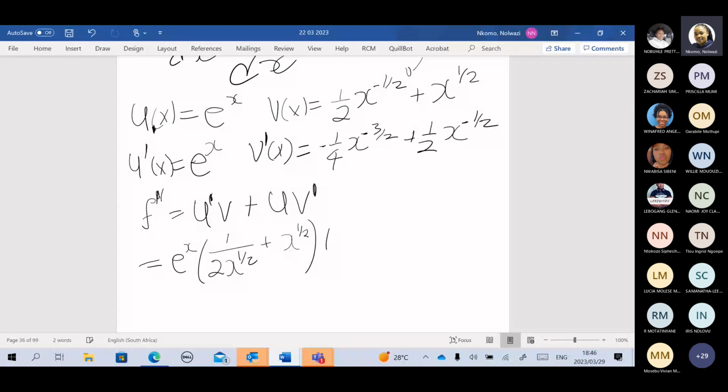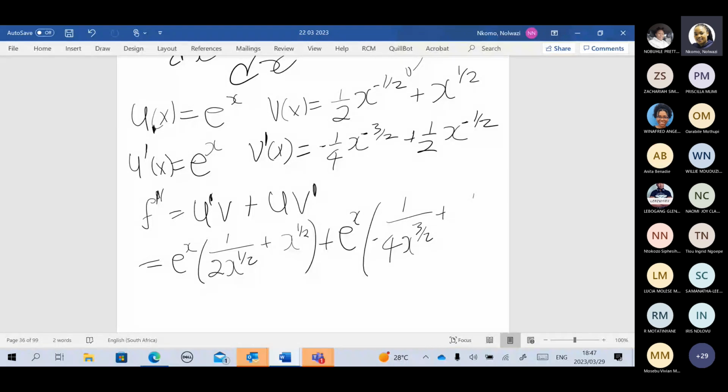And our v prime is minus 1 over 4 x to the power 3 over 2 plus 1 over 2 x to the power a half, right?